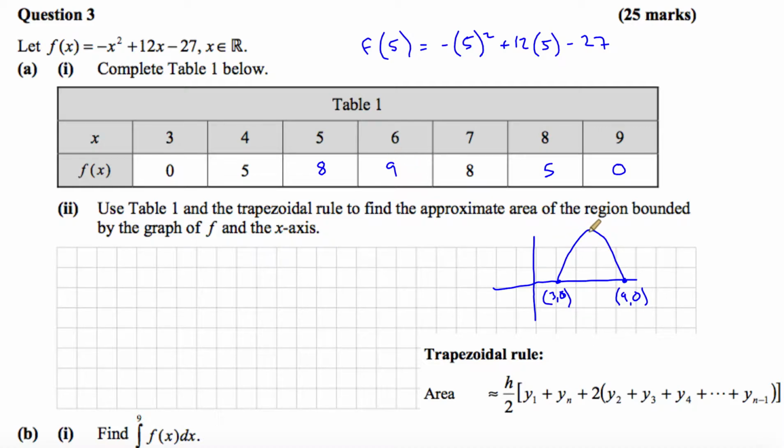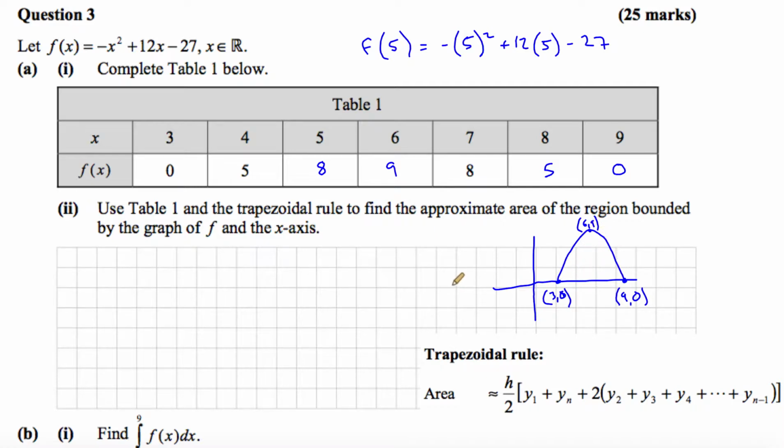So you can see the high point there is going to be the value 6, 9. And this is just a sketch to show you that we're finding the area under this curve, between the curve and the x-axis. In other words, this. So we're looking for this area in here.